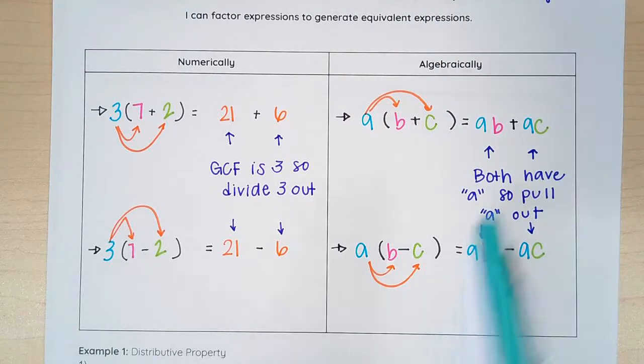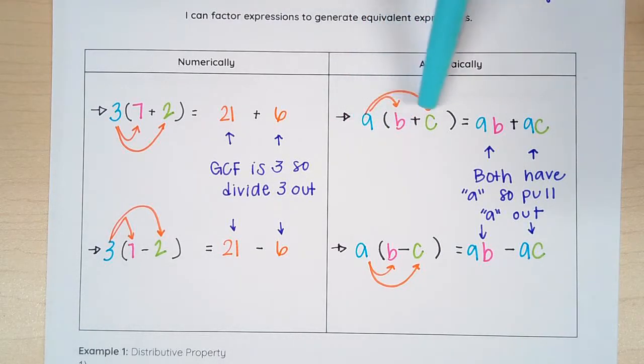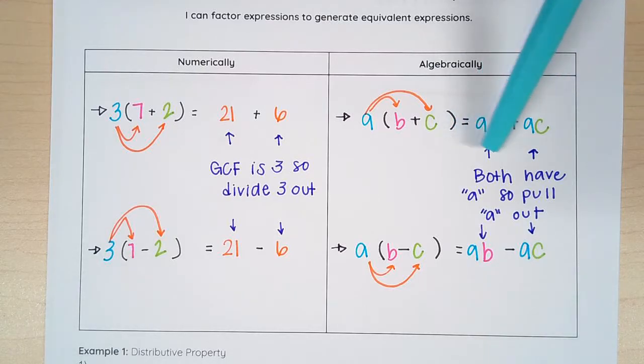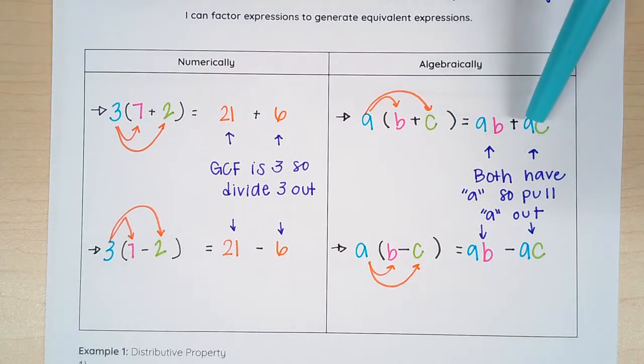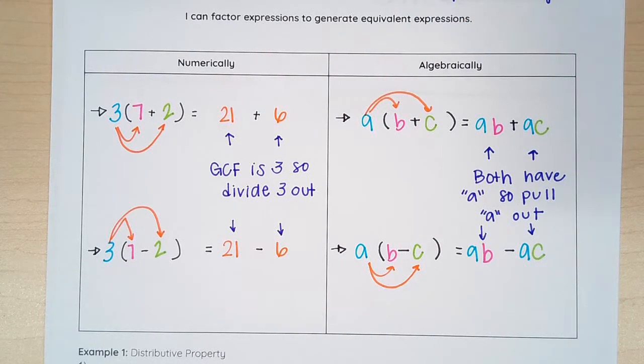If we look at this algebraically, again, here's our distributive property where we distribute our A to both terms inside of our parentheses, giving us our expanded form of AB plus AC. But now we want to pull out from our expanded form and get to our factored form. When we have variables, sometimes it'll be a variable that we pull out.